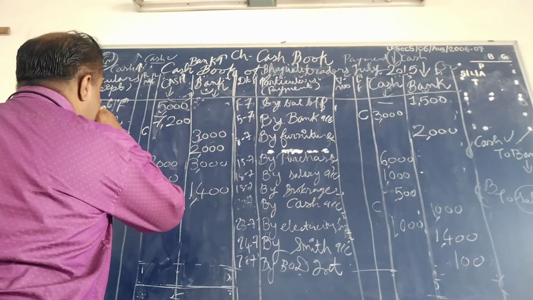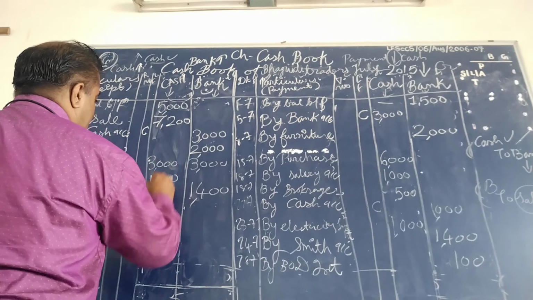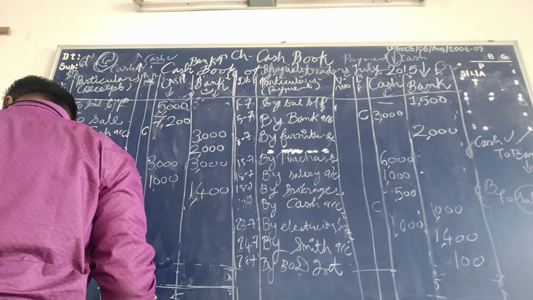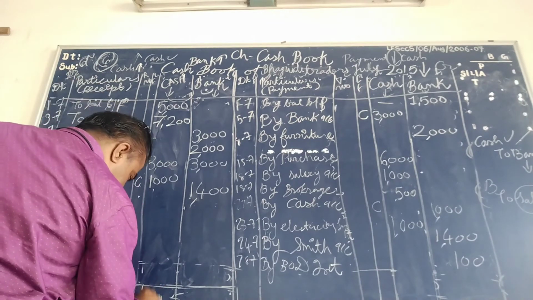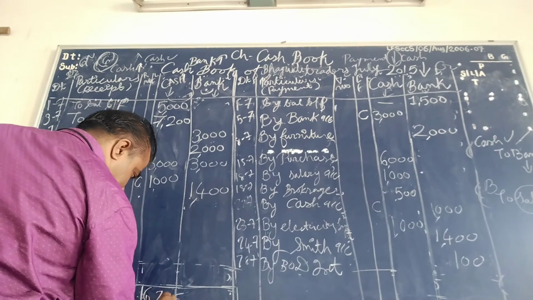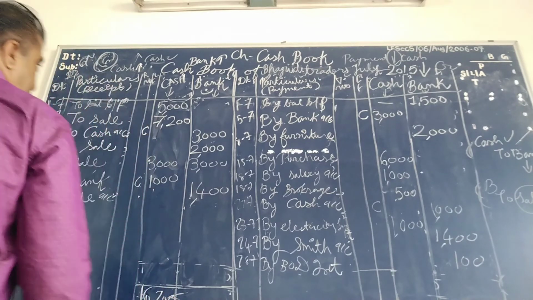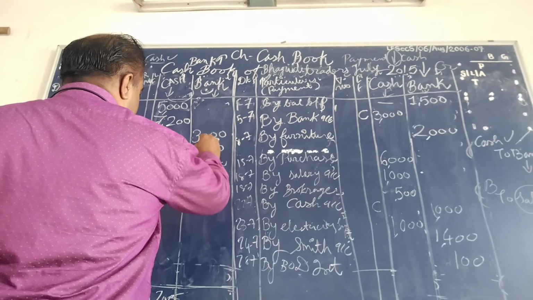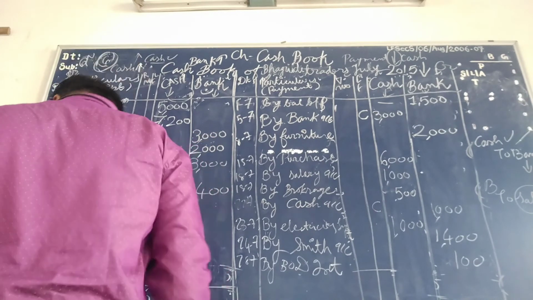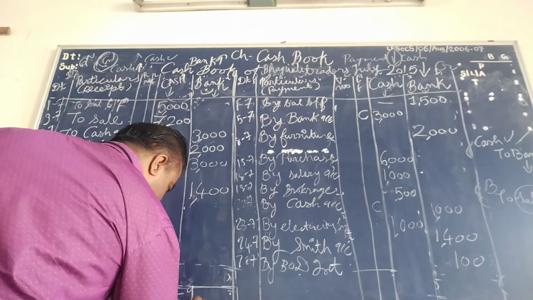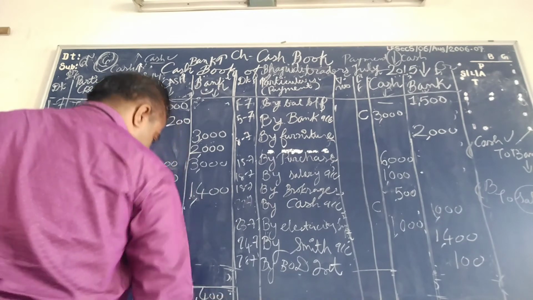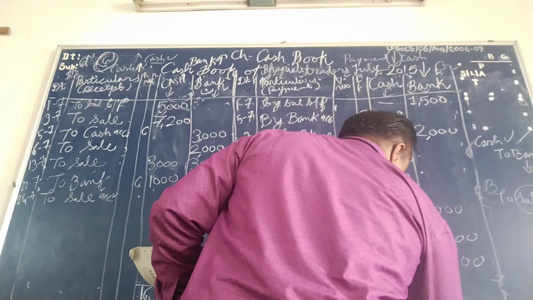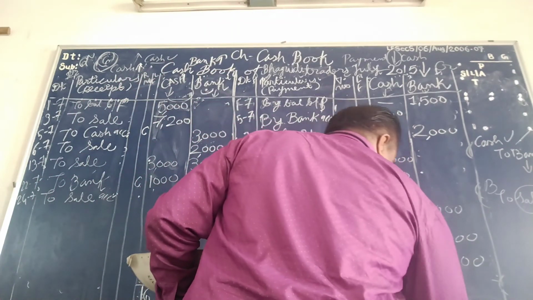Yes, cash debit side total is 16,200, and bank account debit side total is 9,400. So here we write 16,200 and 9,400.